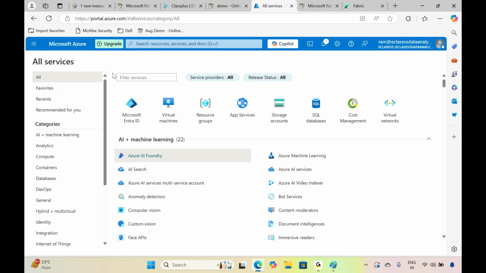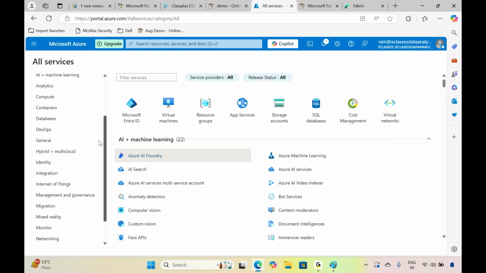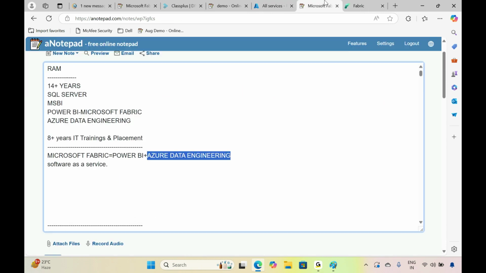Inside they have so many Azure Data Engineering related software services. These are all the software services. So Microsoft is going to end this Azure Data Engineering in the future soon, and they are recommending every customer and client use Microsoft Fabric.